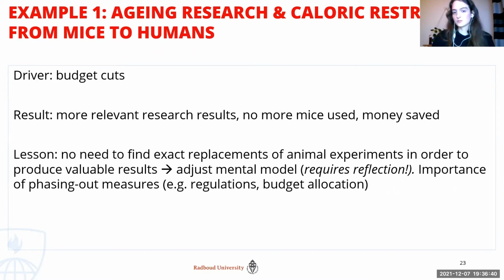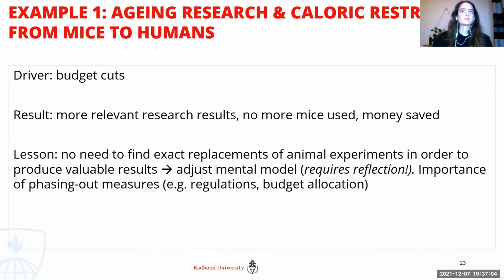Of course, no more mice used for this. That's really nice, and it saved money. So what we can learn from this, I think, is that in order to produce valuable research results on a certain issue, you don't have to find exact replacements of the animal experiments that you would otherwise do or that people have been doing.